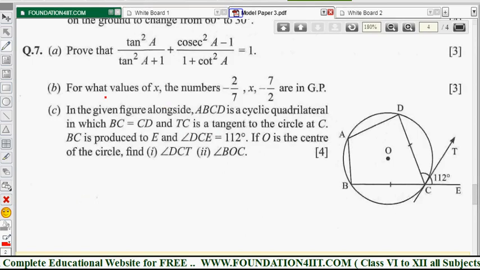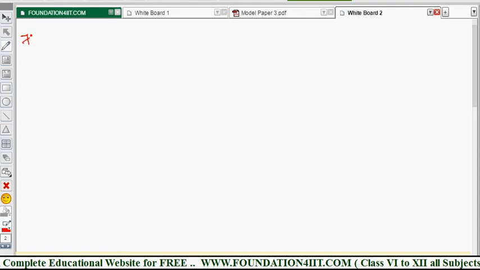This is from geometric progression. For what value of x the numbers minus 2 by 7, x, minus 7 by 2 are in the geometric progression GP. So we'll use the GP formula: when A, B, C are in GP, what to take. So given data is minus 2 by 7, x, minus 7 by 2 are in GP.